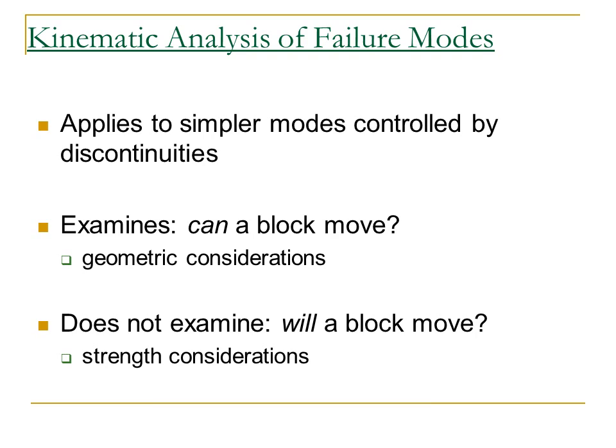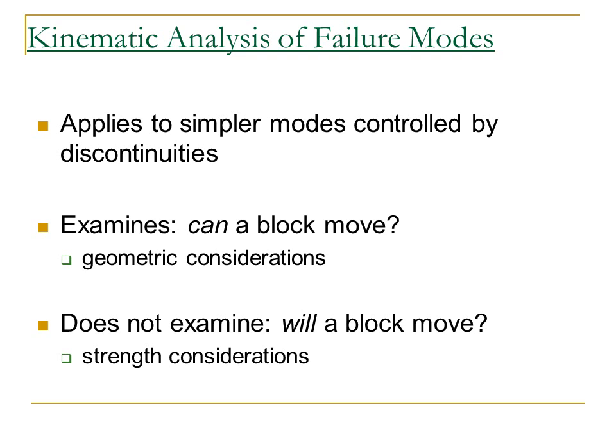Next, we're going to look at a number of different modes where we have to consider two different kinds of issues. When we have discontinuities in a rock mass, we have to first examine the kinematic analysis of a failure mode. That is, we examine the question, can a block move, where we're looking only at geometric considerations after we understand something about the geometry of the discontinuities.